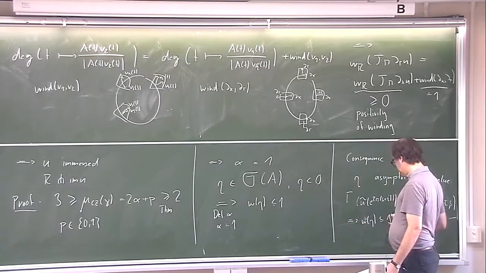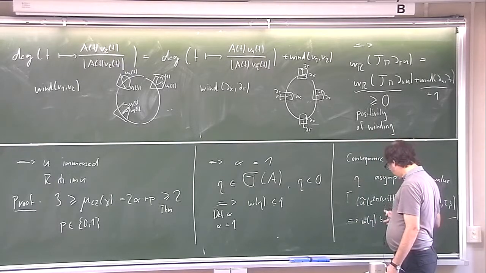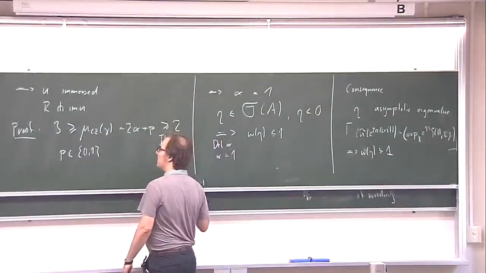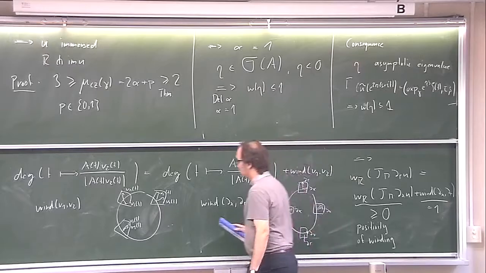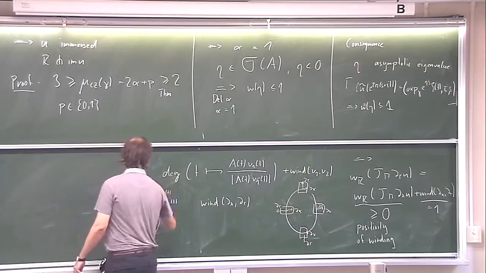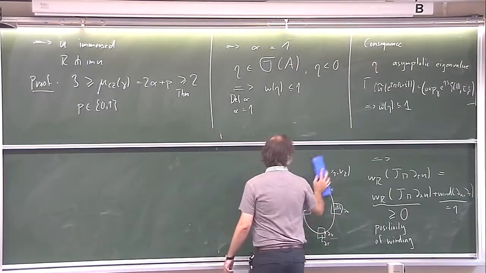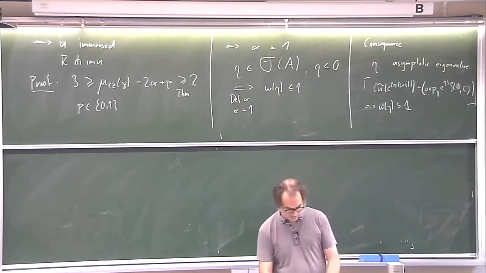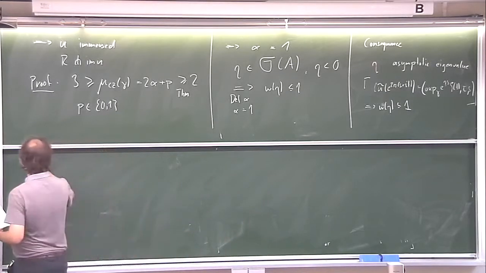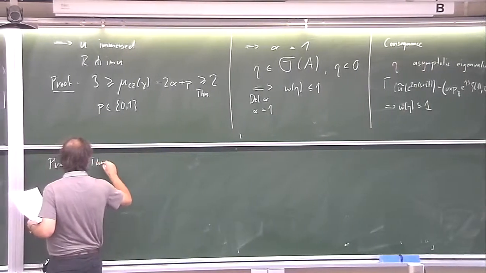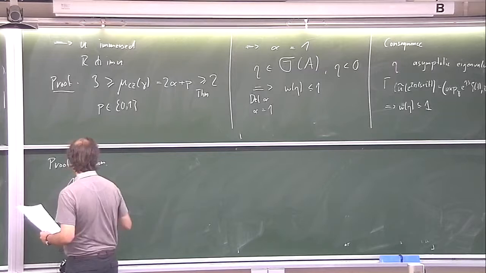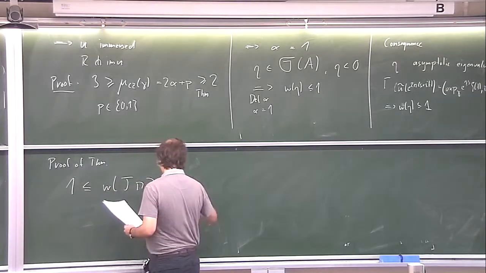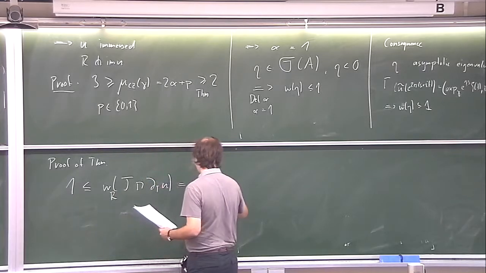But we also know, from what we have seen in the proof of the theorem, that 1 is less than or equal to the winding number of tau pi dRu, which is the winding number for big R, the winding number of eta.